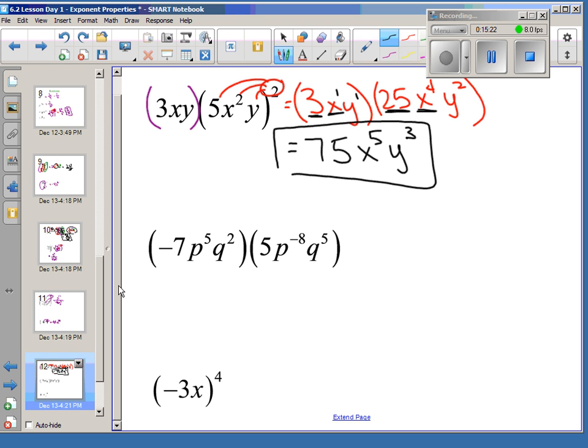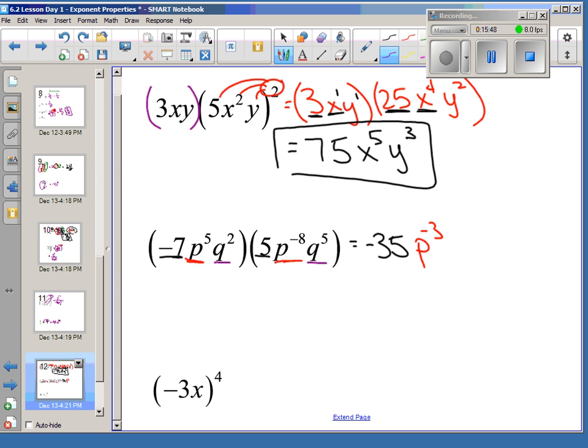Next one. We don't have any exponents out here, so we can do our multiplication. Negative 7 times positive 5 is negative 35. And then we have p to the fifth times p to the negative eighth. So 5 plus a negative 8, which is the same as subtracting. So 5 minus 8 is negative 3. And our last one is q squared times q to the fifth.